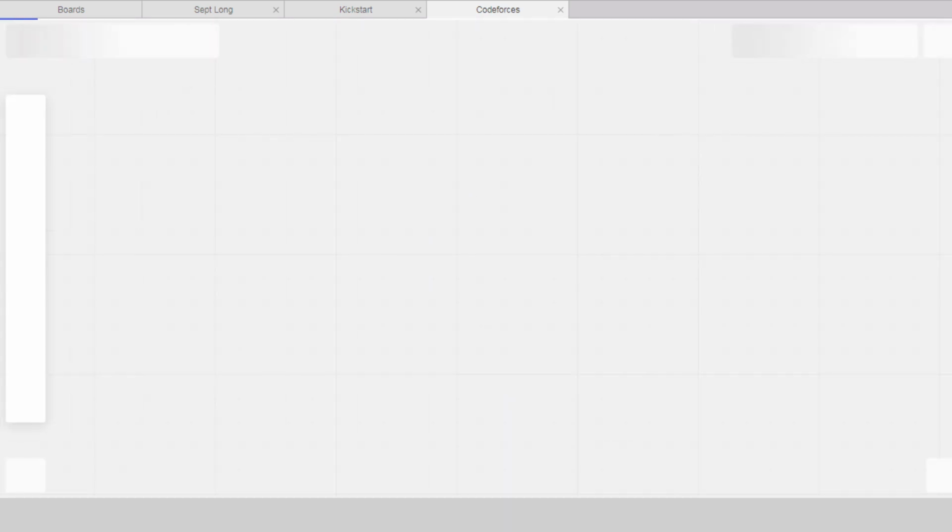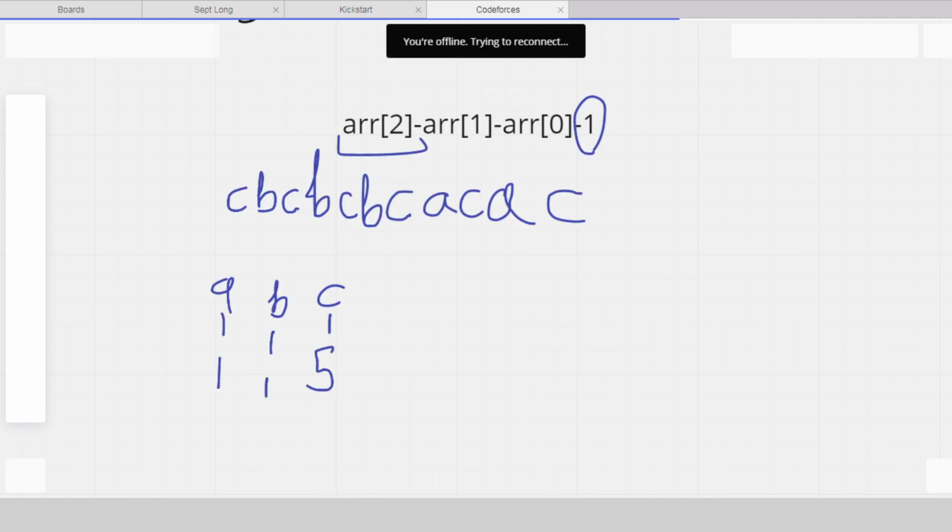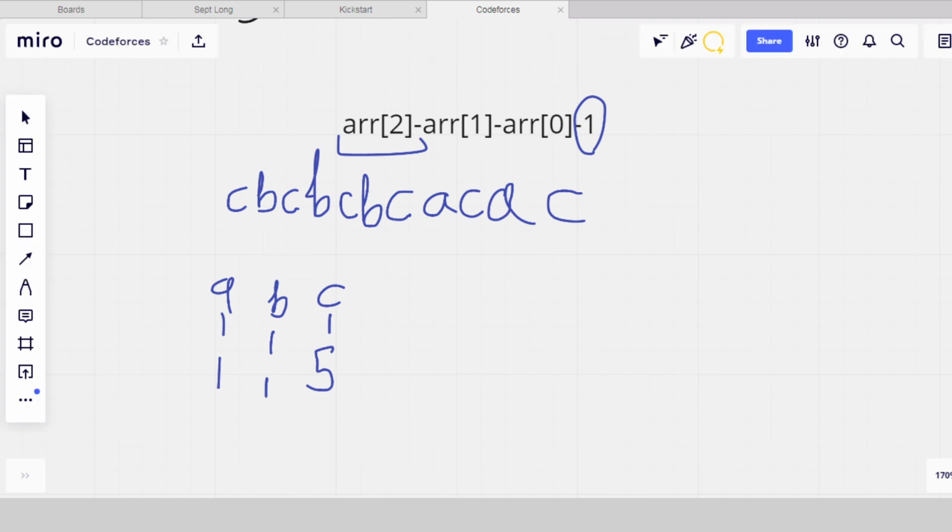It loads. I think there is some problem with my Wi-Fi. Hello. Yeah. Now it got connected, I think. Trying to reconnect. Yeah, okay. Connection restored.